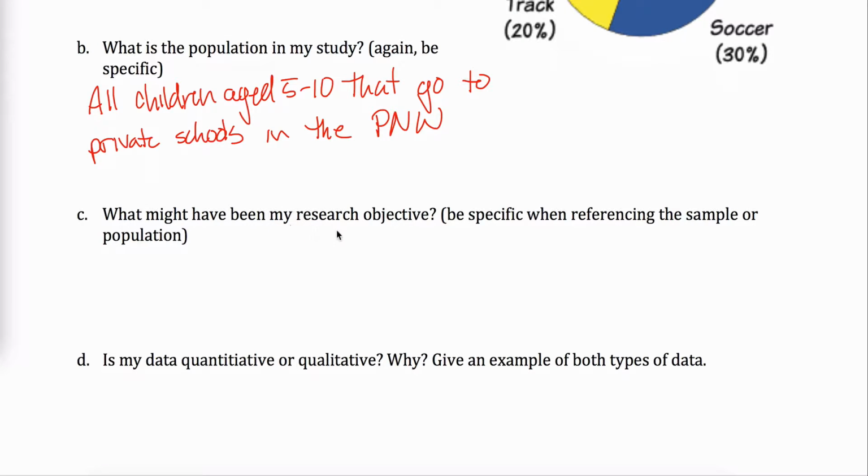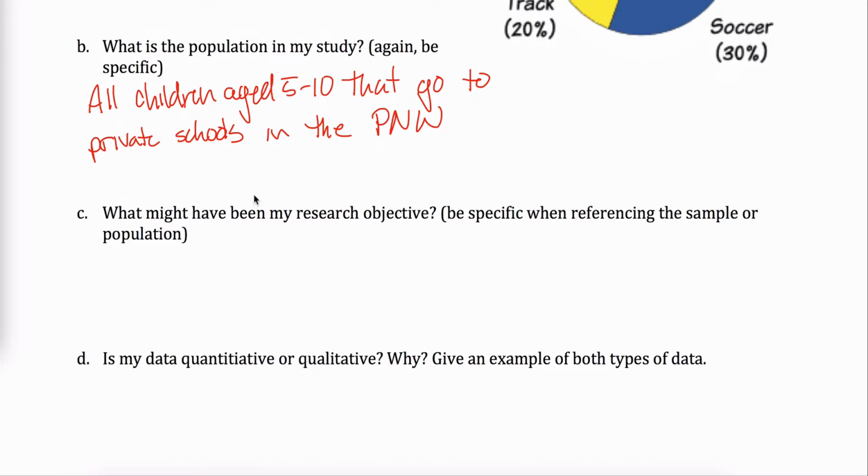It says, what might have been my research objective? And to be specific, talking about whether you're referencing the sample or the population. The research objective should always reference the population. So it's the question that you're studying, but it has to be about your population.